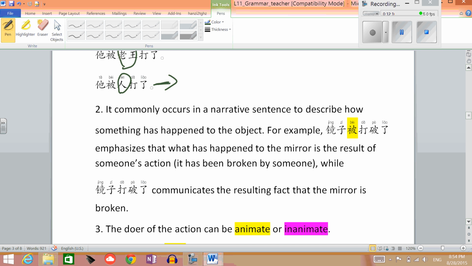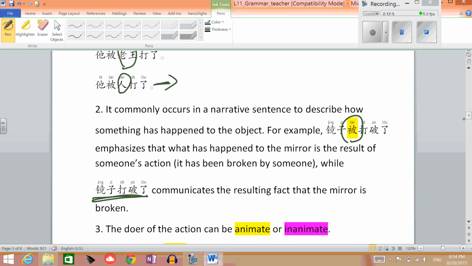Maybe a dog, a cat, a person. We don't know, okay? It has been broken by somebody. Compared to the other one here, 镜子打破了. There's no 被 in the structure. It communicates the resulting fact that the mirror is broken. So see the difference here.